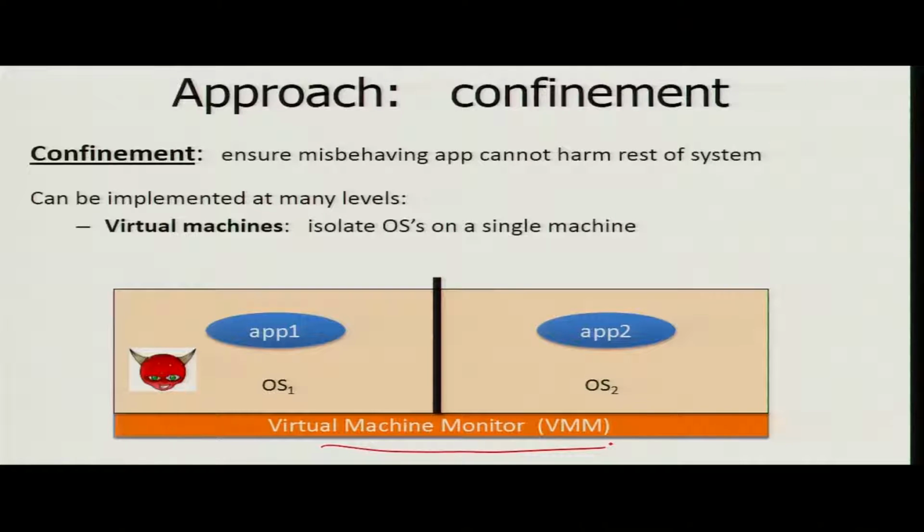As we will see later, these are not necessarily completely isolated. There are side channels and so on that we have to be wary about, but for now let's believe that by doing this one can achieve this kind of isolation.